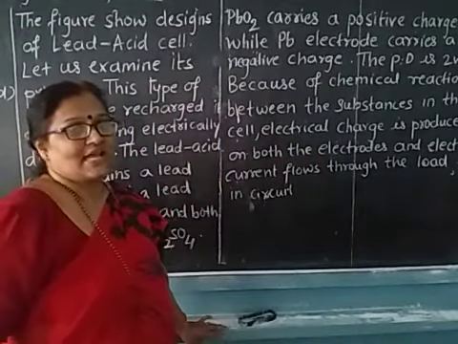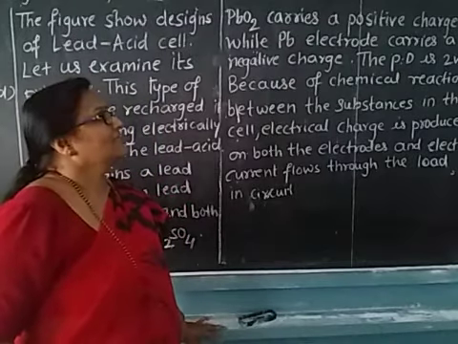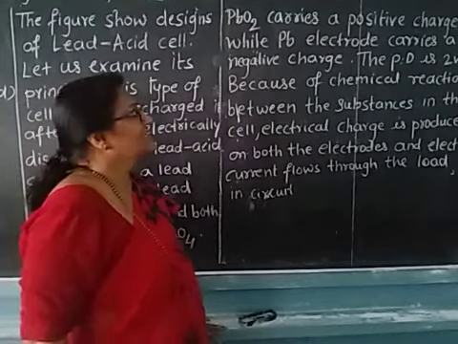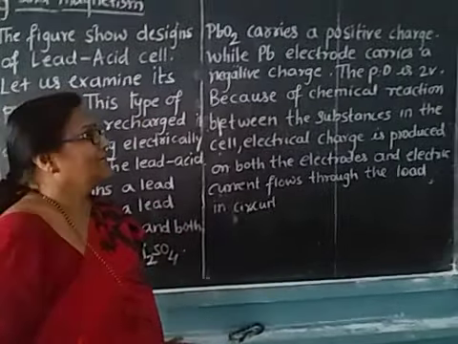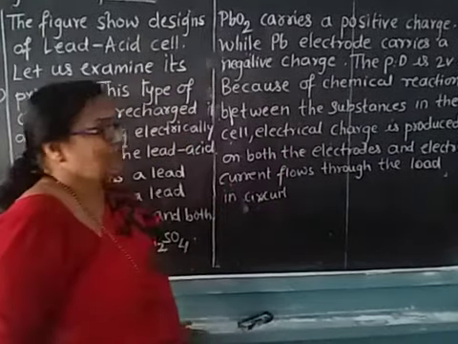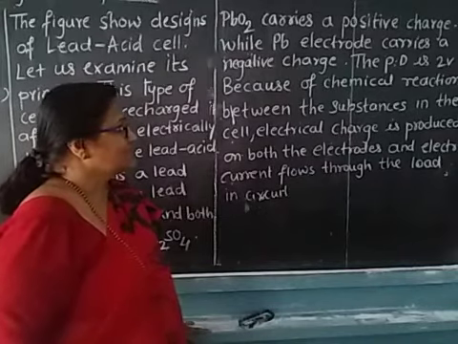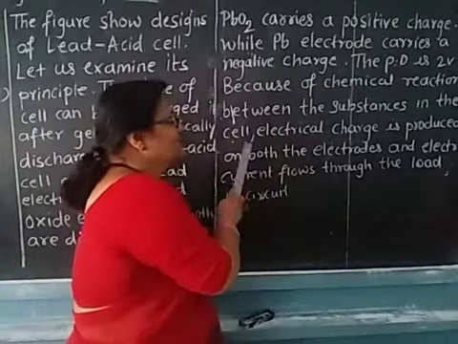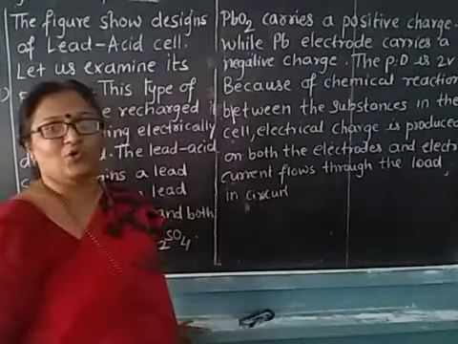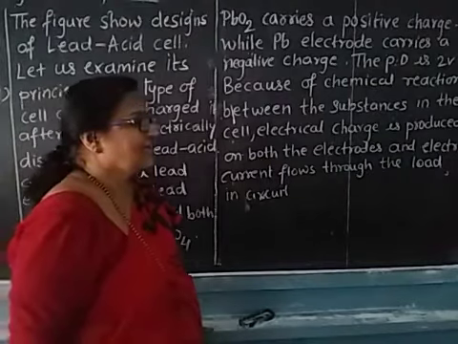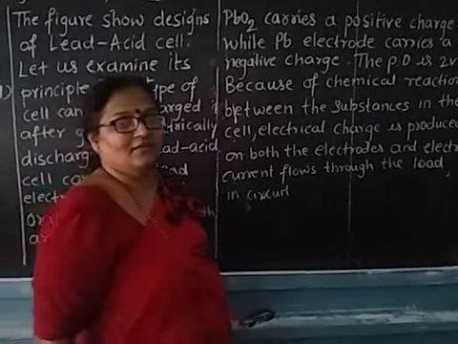The lead oxide carries the positive charge while the lead electrode carries the negative charge, and the potential difference between them is 2 volts. Because of a chemical reaction between the substances present in the cell, an electrical charge is produced on both electrodes and electric current flows through the load in the circuit.